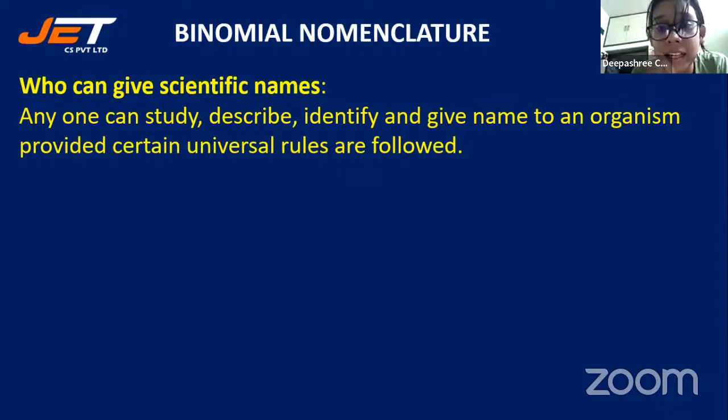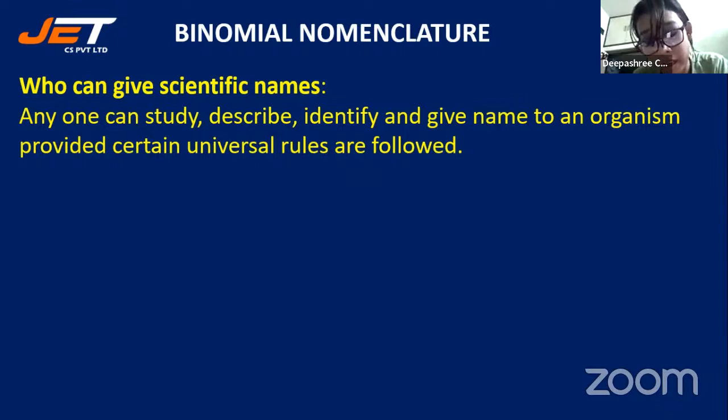I told you yesterday that international codes have been made to maintain certain rules and regulations. Scientific names are the names given to organisms by biologists based on certain principles. These principles have been made by ICBN, ICZN, ICVN, and ICNB.